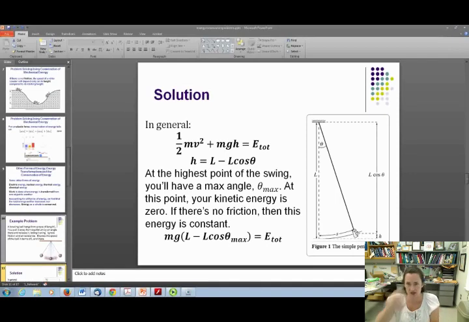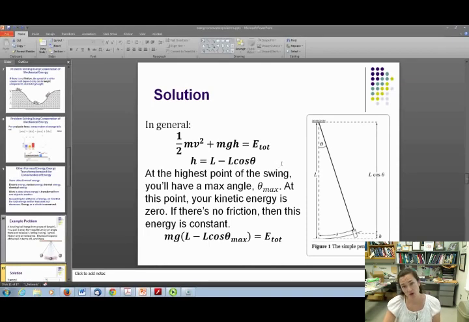So we're assuming that it's a nice taut rope or string. Okay, so how do we write h in terms of that? Well, the total length of the string is L, and then h would be L minus L cosine of theta, where L cosine of theta is that distance down, which is one of the legs of that right triangle. So h is L minus L cosine of theta.